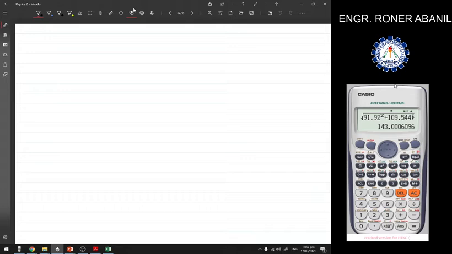Yung mass ng coffee, tapos C ng water, change of temperature ng coffee, plus mass ng aluminum cup, constant ng aluminum cup, and change of temperature ng aluminum cup, is equal sa 0.